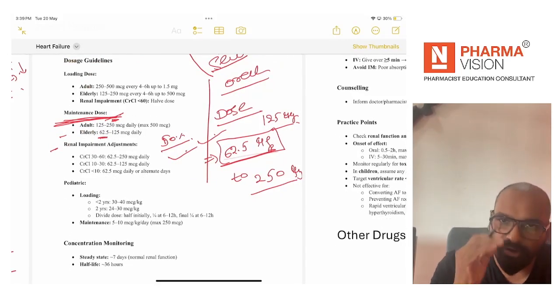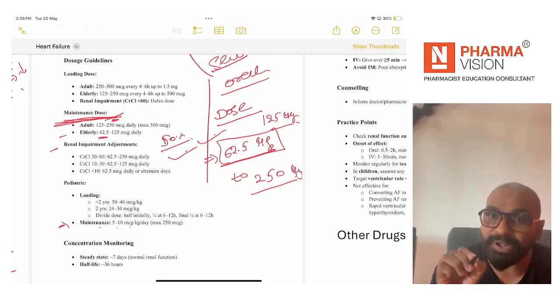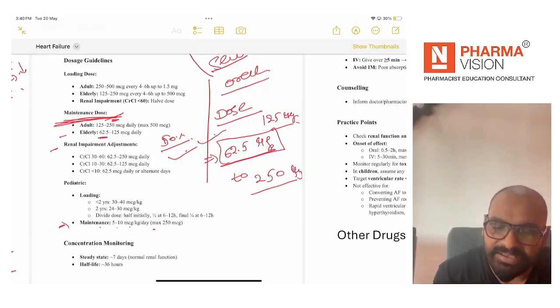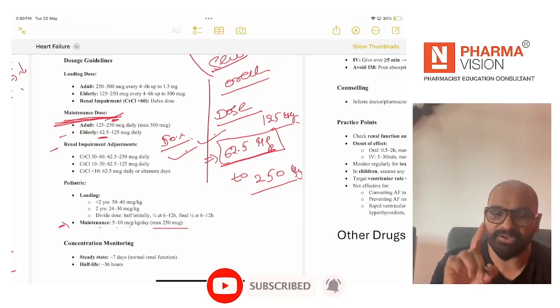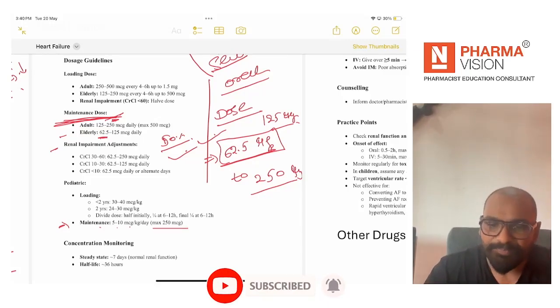Normally in children there is a rule of thumb. Okay, for example, if you are giving the pediatric dose 5 to 10 microgram per kilogram per day, but the total dose is exceeding the adult maximum dose, then you cannot give more than the adult maximum dose.